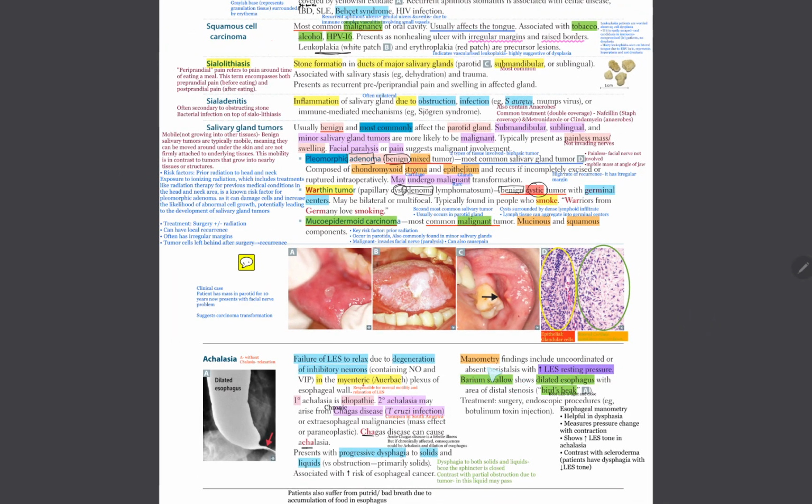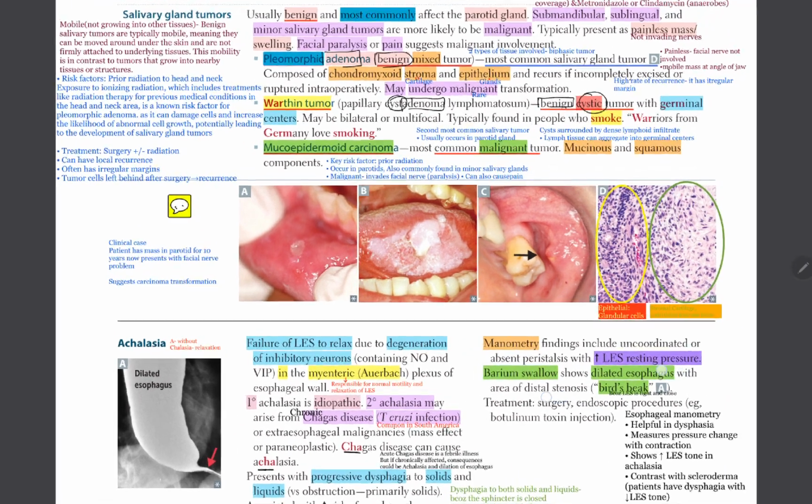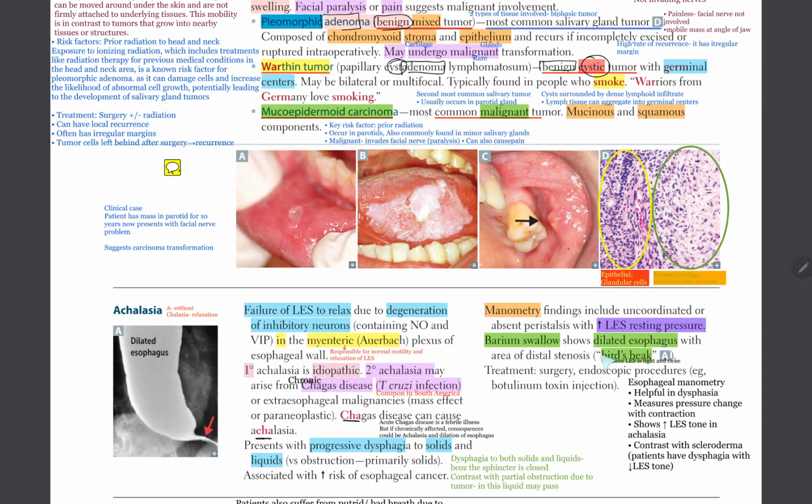Now, manometry findings include uncoordinated and absent peristalsis with increased LES resting pressure. The barium swallow shows a dilated esophagus. Why?